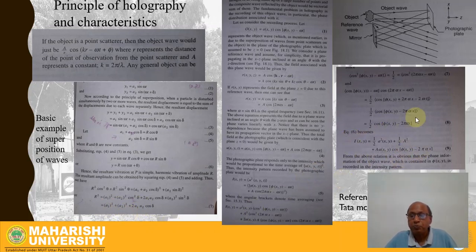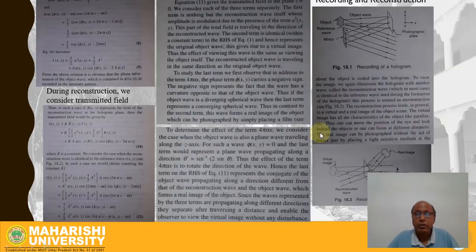Right? Now, if you look carefully at this equation, you find that it has three terms: the first term, second term, and the third term. Now, this will be explained further, but before that, I just want to tell you that this is as far as the recording of the intensity is concerned on the recording plate.